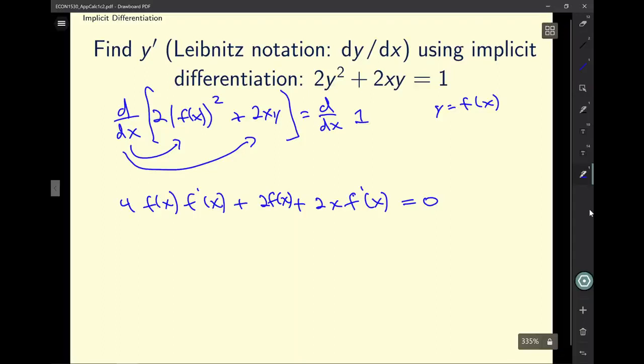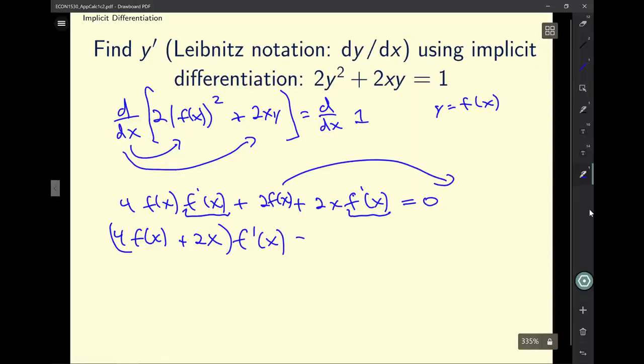Now I want to solve for my f prime of x, and so maybe I'll just rewrite this expression like that, and I'll move this term over to the left-hand side. And now I'm going to divide both sides of the equation.